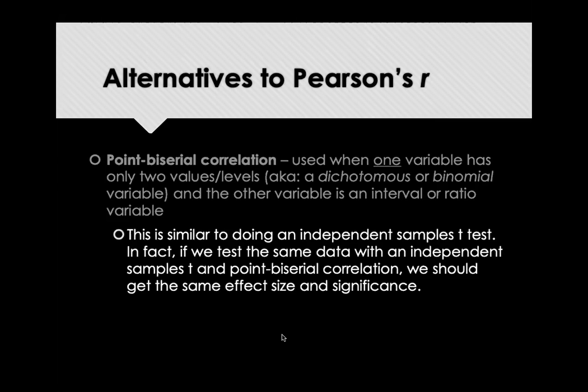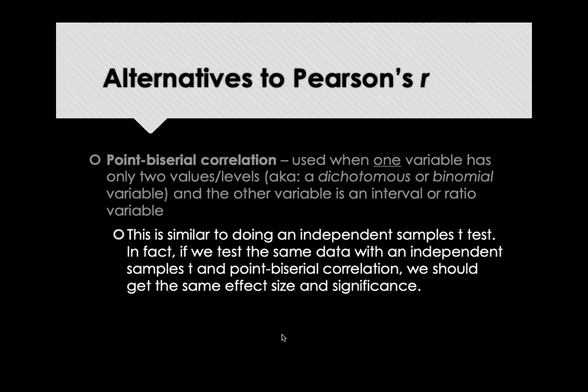Your work location variable is dichotomous, meaning it only has two values or levels. So in this case, do you work from home or do you not? Yes or no? The other variable, income, would be an interval or ratio variable. And so in that case, you can't use Pearson's r, because remember, both variables would need to be interval or ratio measurement scale variables. But you could use a point biserial correlation.